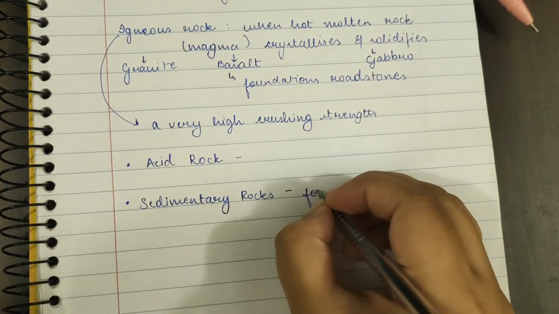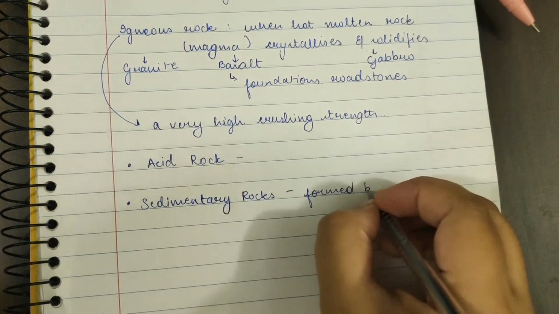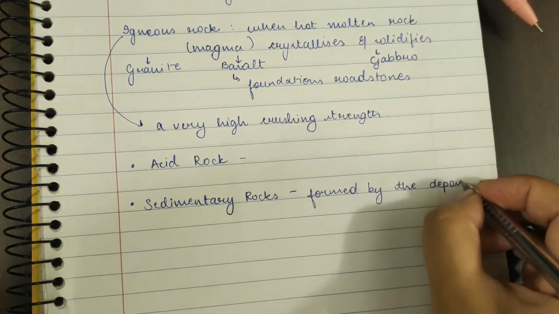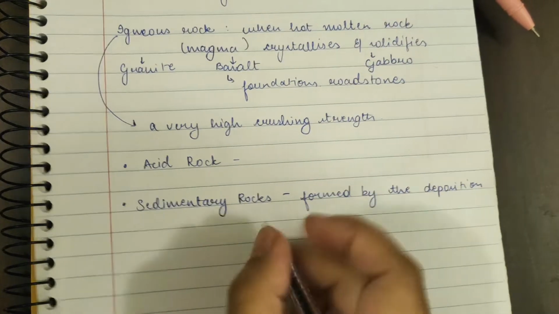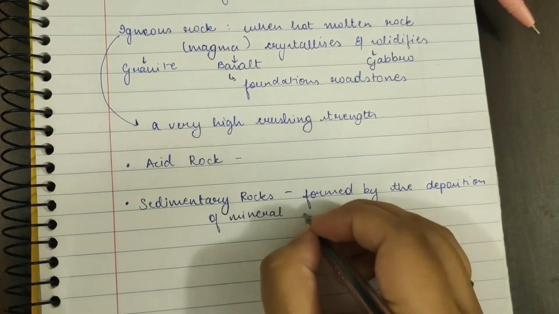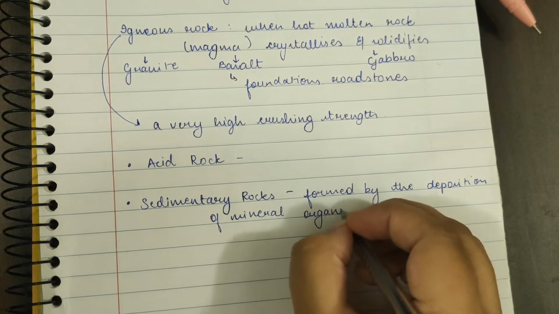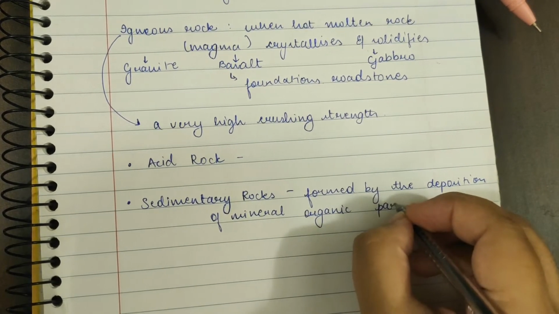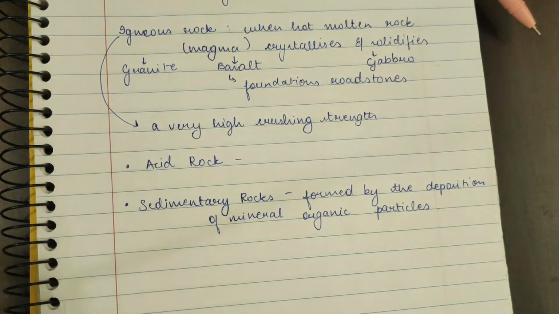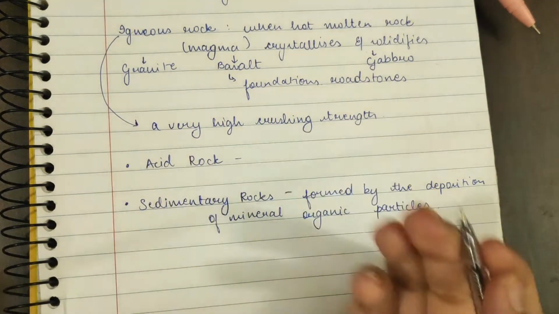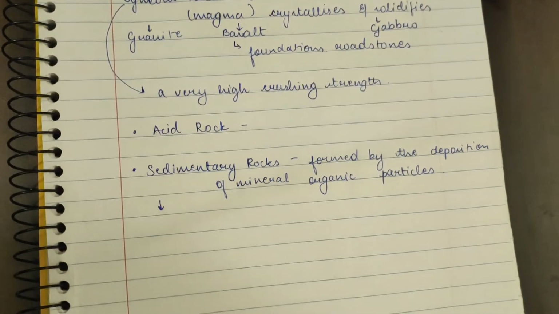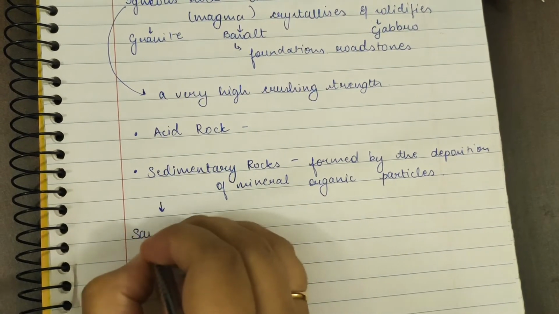And these are basically formed by the deposition of mineral organic particles. And as we had igneous rock examples, we also have sedimentary rock examples of the rocks that are actually used in the construction industry.